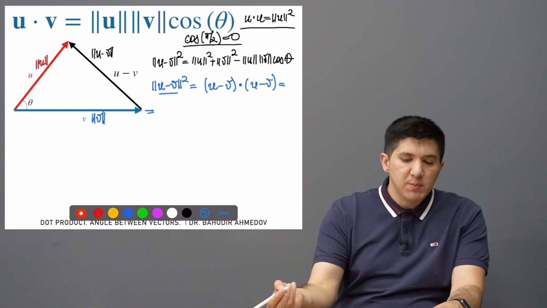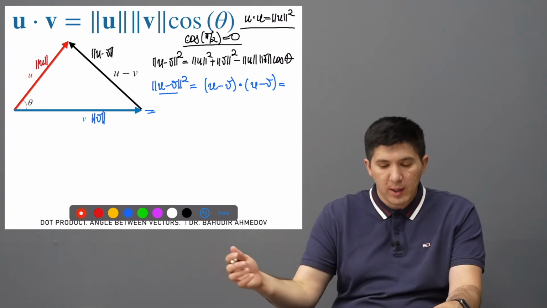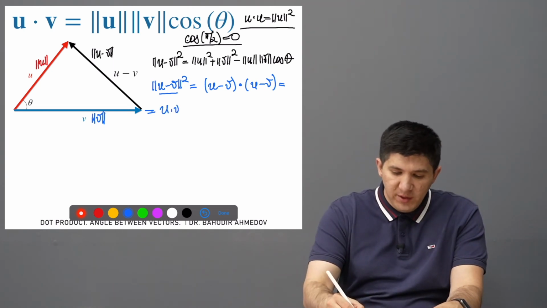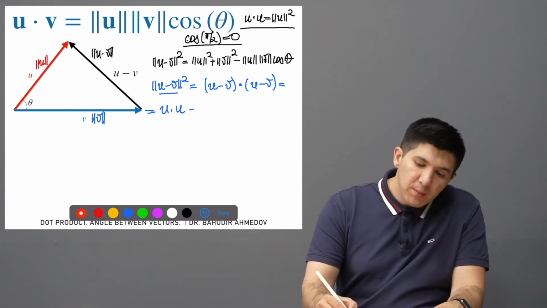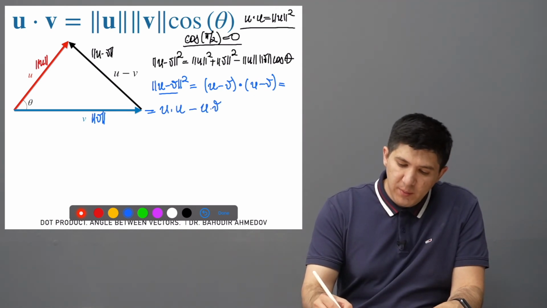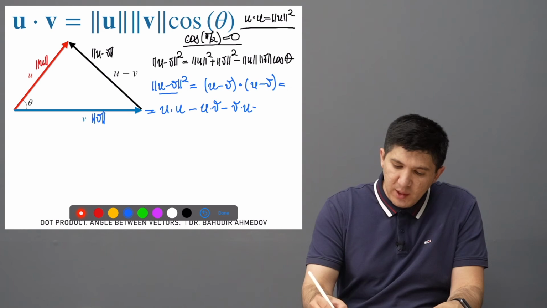And now I'm going to expand the two brackets. It is going to be u dot u minus u dot v minus v dot u plus v dot v.